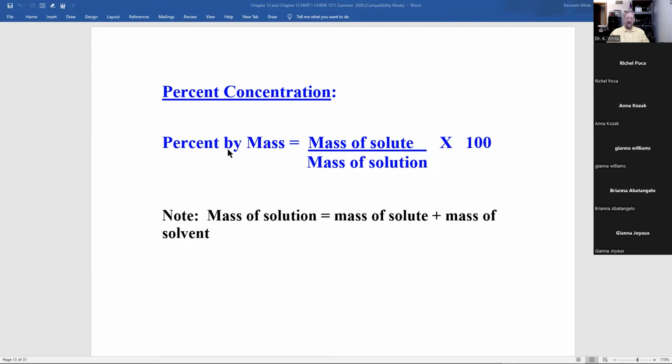Again, this won't be on a test, but you should still be familiar with it. And the mass of the solution is the mass of solute plus the mass of solvent. So the higher the percent mass of a solute, the more there is present in a solution.